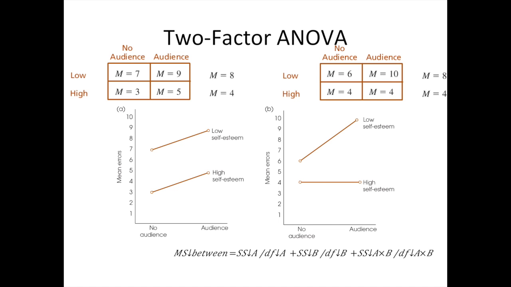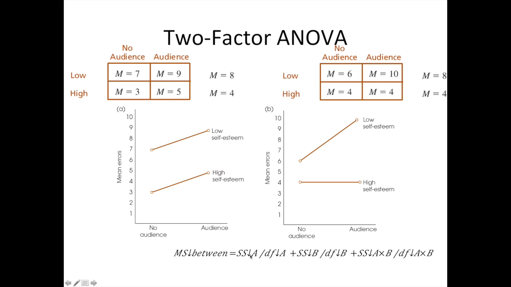So we can talk about this later, but just to give you a general sense of what we're looking at in two-factor ANOVA, we're looking at a significant effect of factor A or factor B or an interaction, and give you a general idea of how those things work. MS between is going to have 2 values when we talk about two-factor ANOVA.